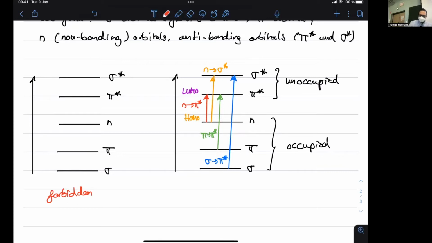Forbidden transitions. So there are many types of rules and things, and they're all very approximate, and we're not going to go into that in a lot of detail. But they often involve a spin flip during the transition.